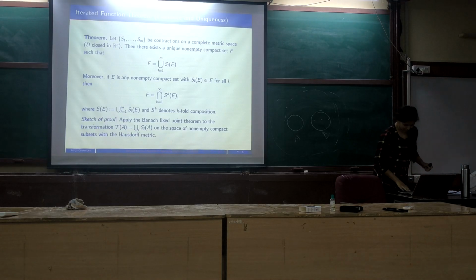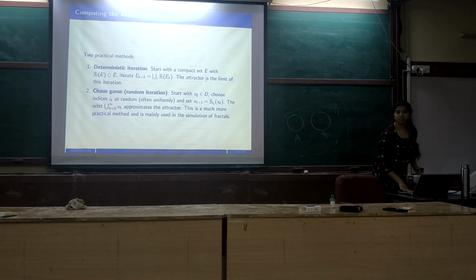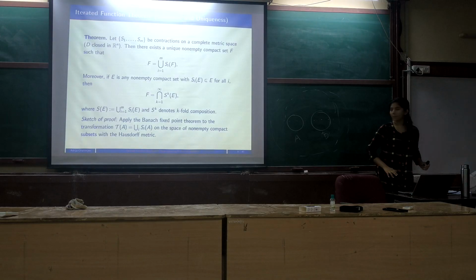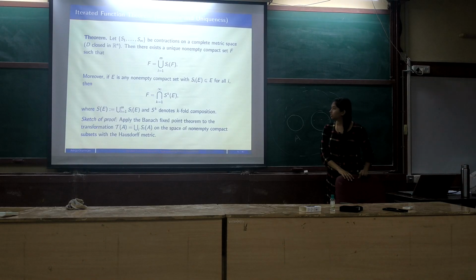Okay, so this is a lot of theory. When you write S^k of E, shouldn't that be S^k of Si of E?